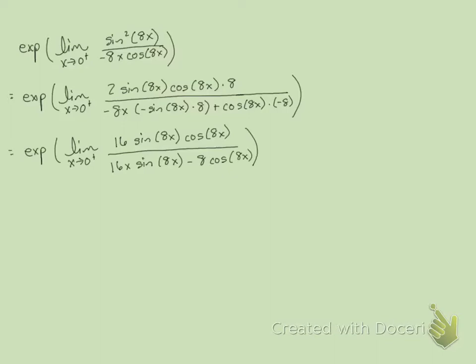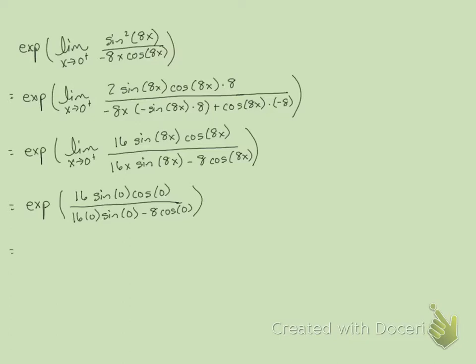All right, so let's try our direct substitution again. And we will have 16 sine of 0 cosine of 0 over 16 times 0 sine of 0 minus 8 cosine of 0. Sine of 0 is 0. Cosine of 0 is 1.